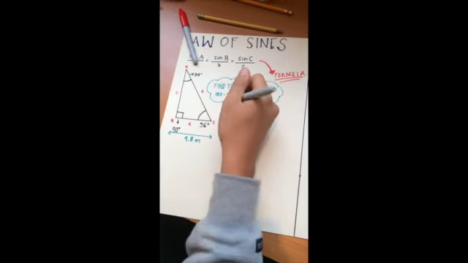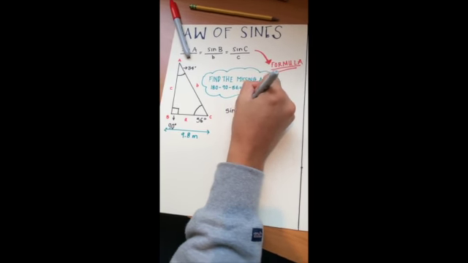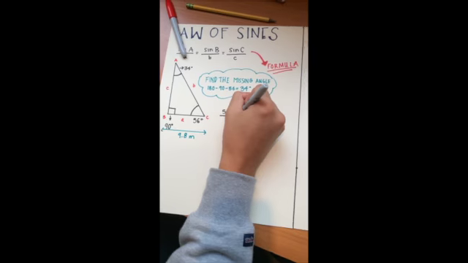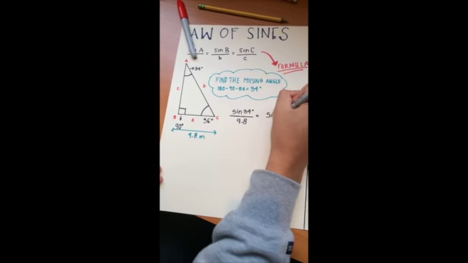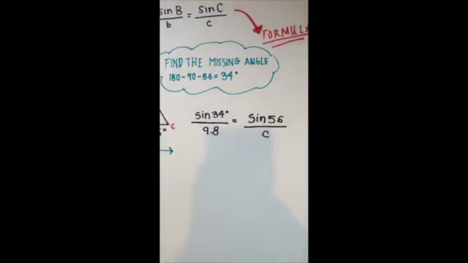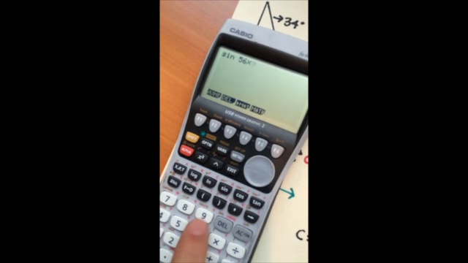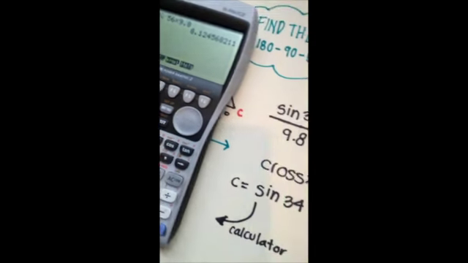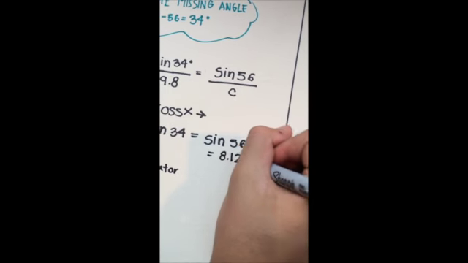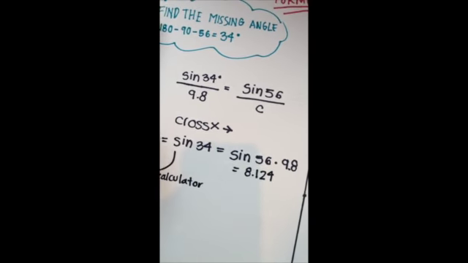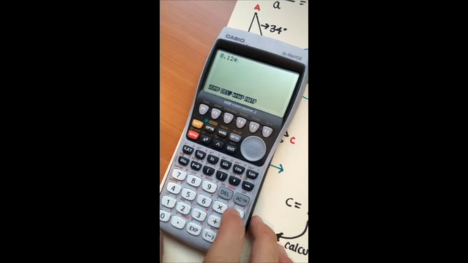After having the missing angle, we did sin A over a equals sin C over c, which is sin 34 over 9.8 equals sin 56 over c. For doing this, we needed to cross multiply. So it will be sin 34 times c equals sin 56 times 9.8. We did sin 56 times 9.8, which gave us 8.124.